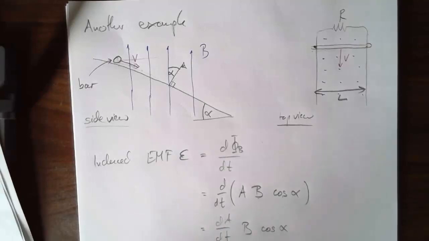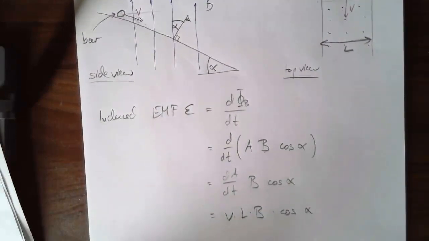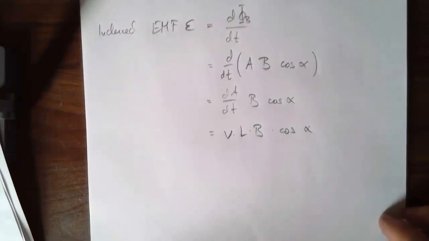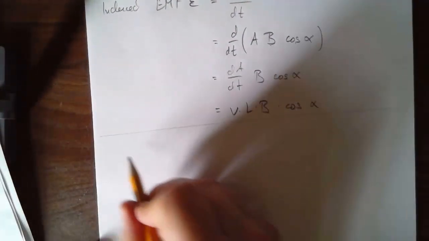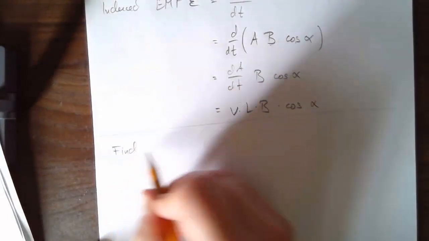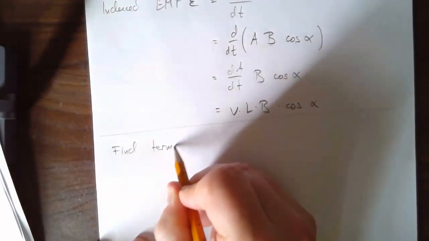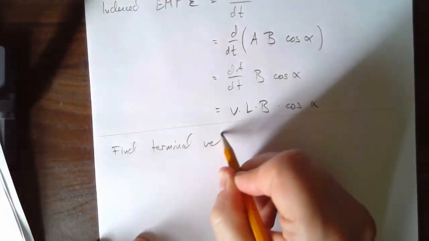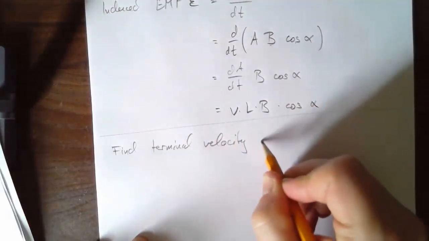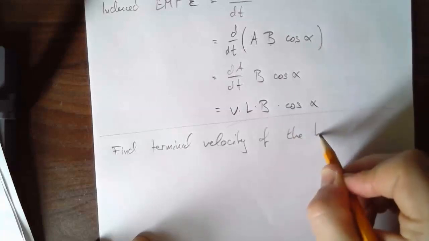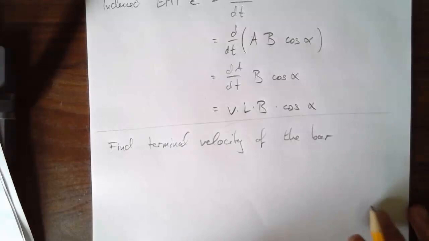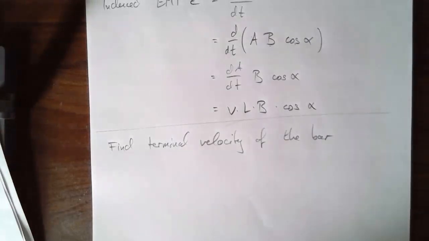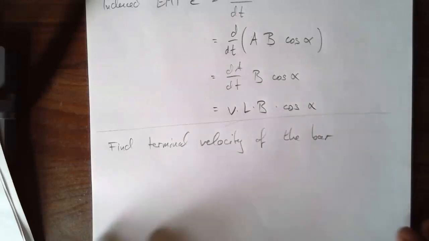So let's put those pieces together. You want to find the terminal velocity of the bar. It has terminal velocity where it will no longer accelerate even though it's going down a hill, exactly because there's a braking force.